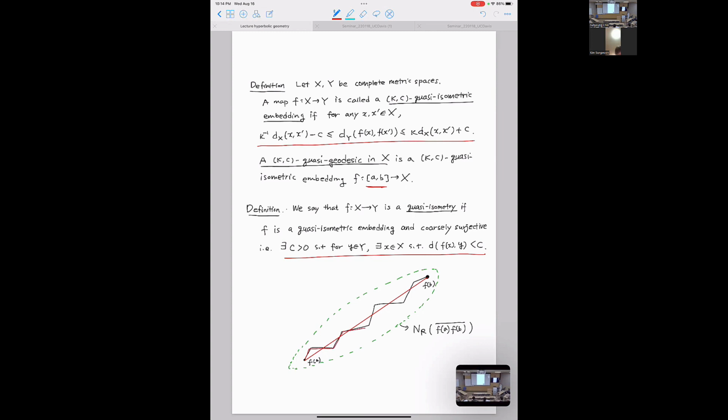This kind of thing is a quasi-geodesic. The red line is a geodesic, and if you perturb the geodesic a little, you get a quasi-geodesic.